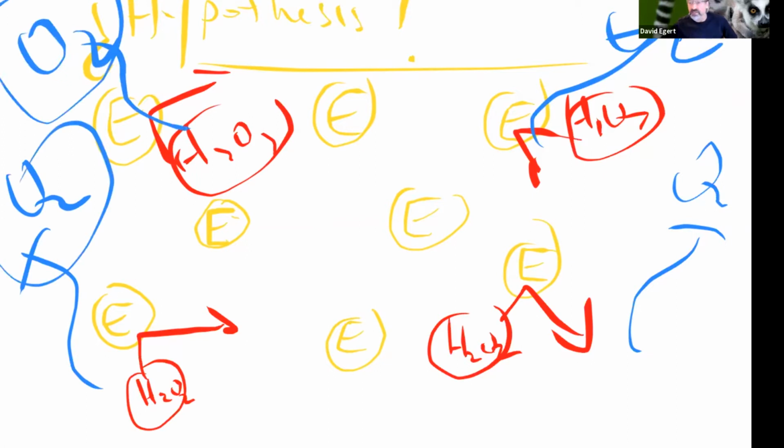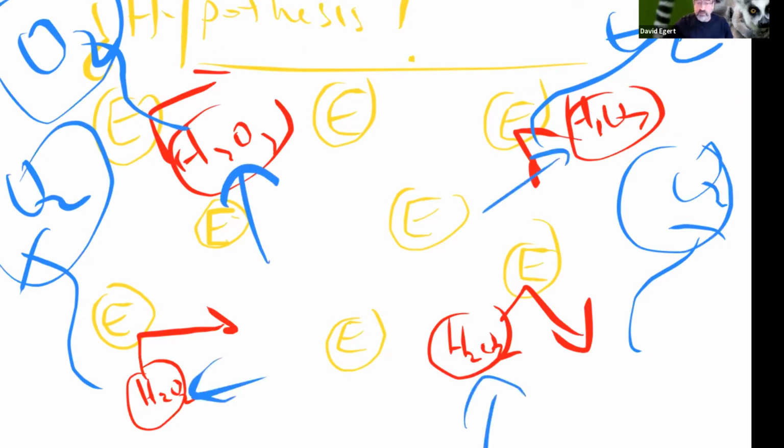So it makes sense that if you're increasing the concentration of the substrate, you're going to be increasing the reaction rate, right? Because there's just going to be more of the reaction happening and more of the product being formed in the same amount of time. So does that make sense? This should feel kind of intuitive.